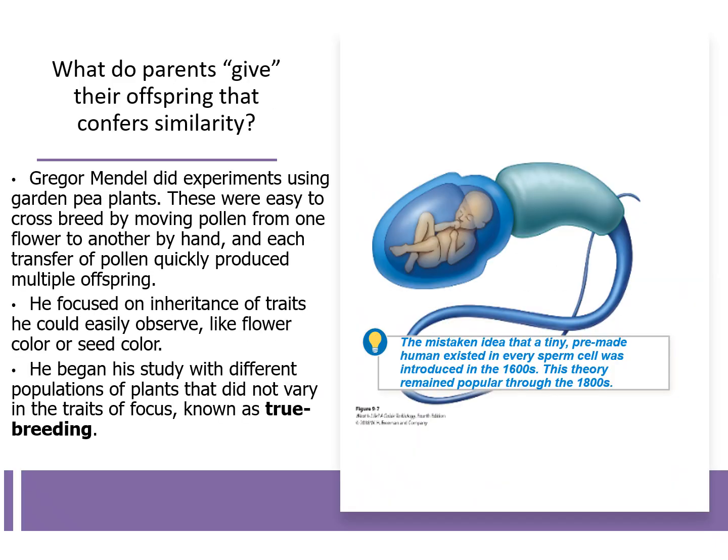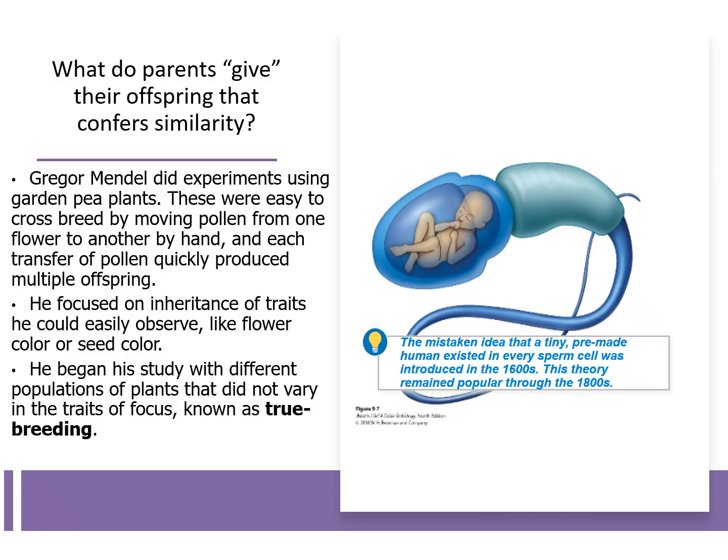So, what do parents give their offspring that makes us have this similarity to our parents? Well, initially, there was kind of a mistaken idea that in each sperm cell, a tiny, fully formed human being existed. And of course, this was not a correct way of thinking, and that was the leading idea that was popular through the 1800s.